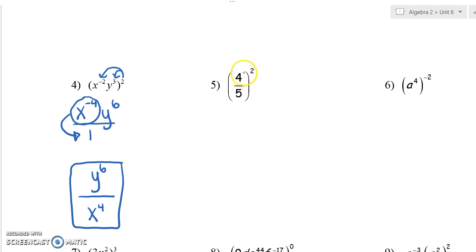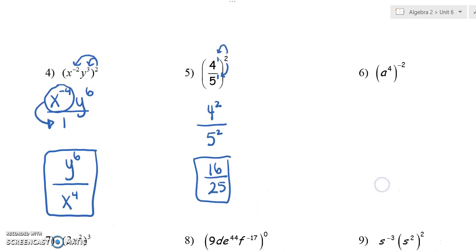In number 5, the exponent on the base 4 is a 1, as well as the 1 on the 5. And we're going to go ahead and distribute the power of 2 to both of those exponents at once. And we get 4 squared divided by 5 squared. 4 squared is 16, and 5 squared is 25. So it's 16 divided by 25.